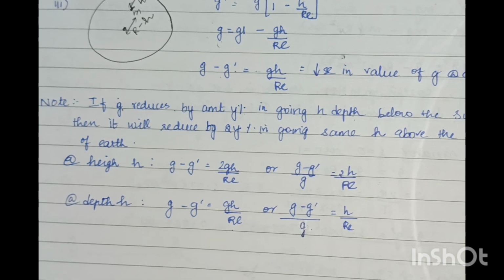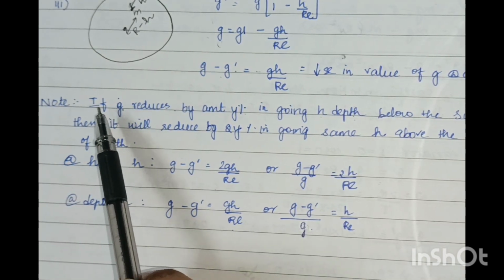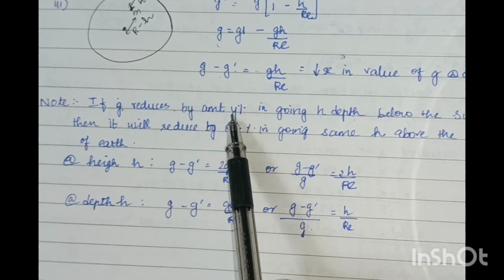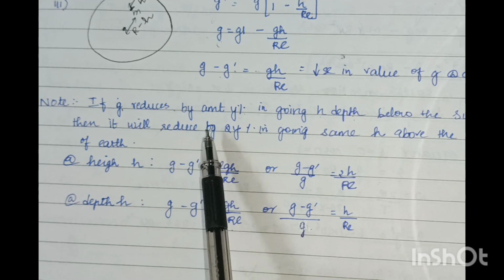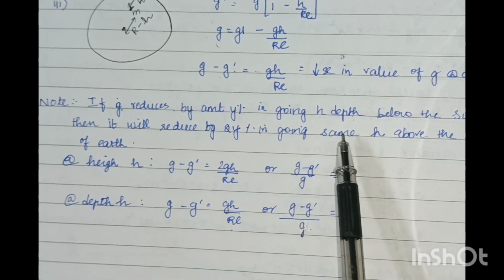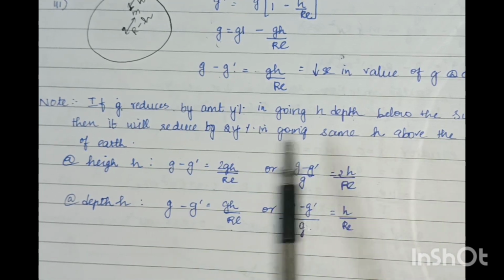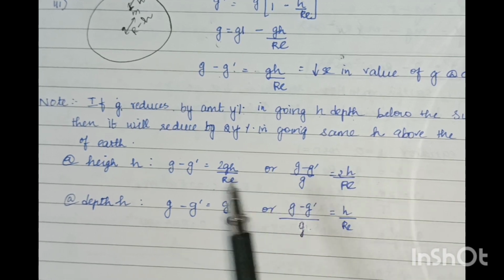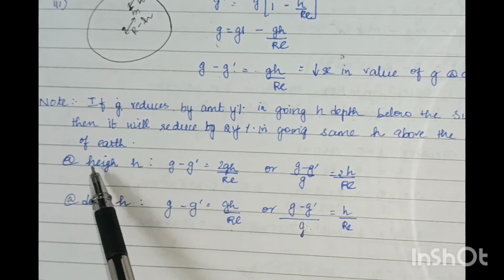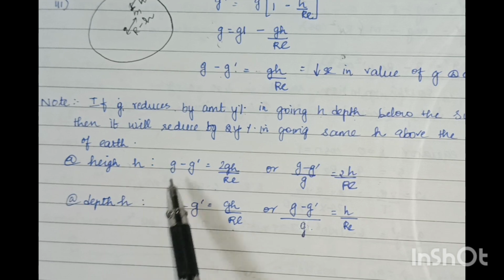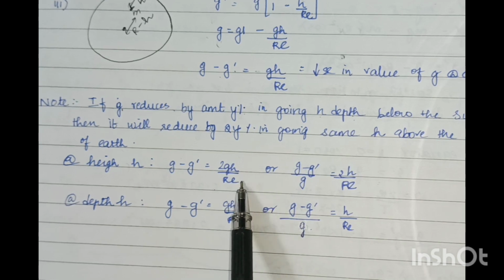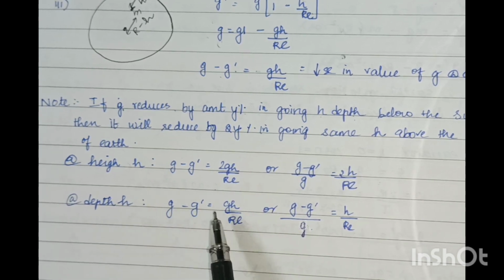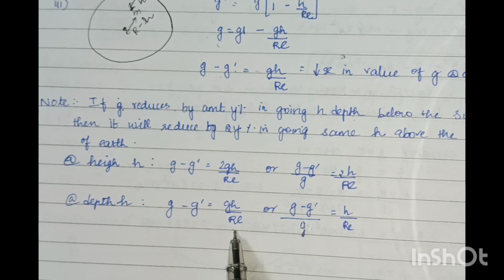So now let us see an important thing. If g reduces by an amount y% in going to depth h below the surface, then it will reduce by 2y% in going to the same height above the surface of the earth. Let us see how that is. At height h, we know the decrease in the value of g is 2gh by r. If it is at depth h, then it is gh by r.